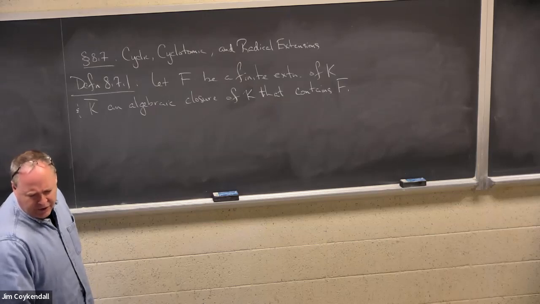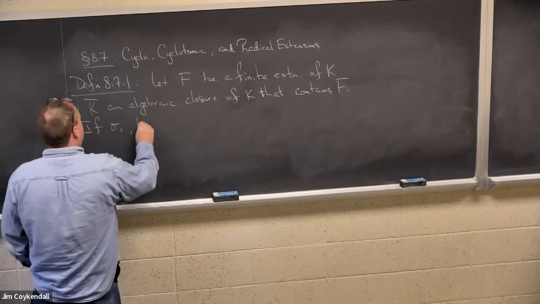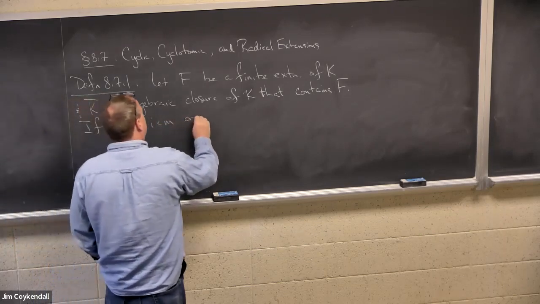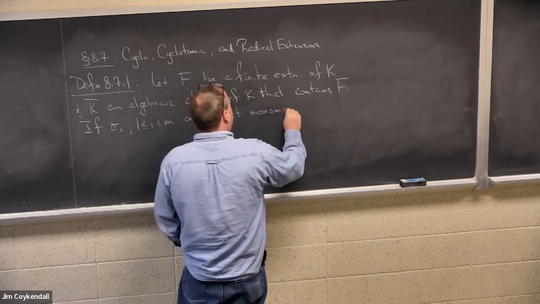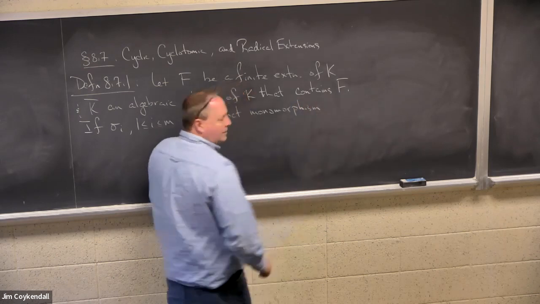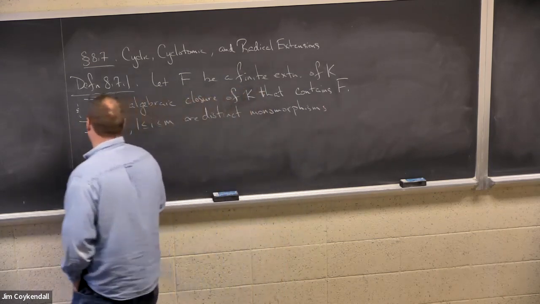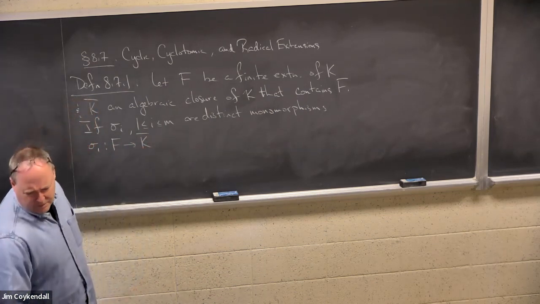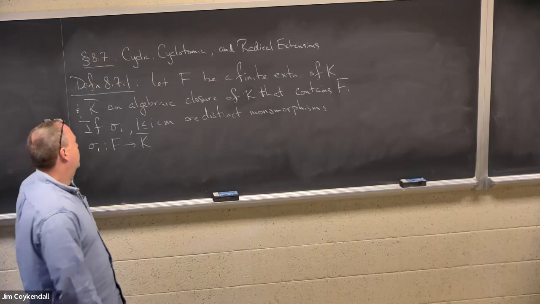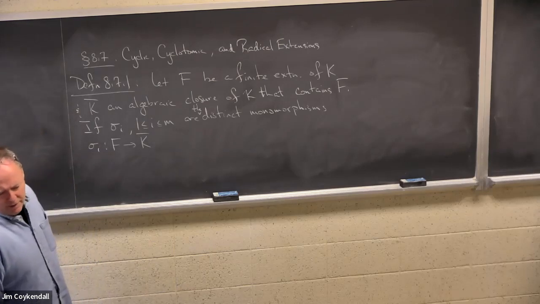If sigma i are distinct monomorphisms from F into K bar, I mean all of the distinct monomorphisms from F into K bar.